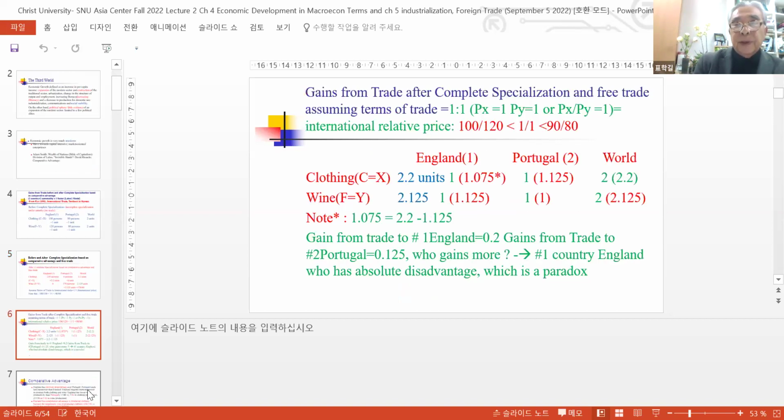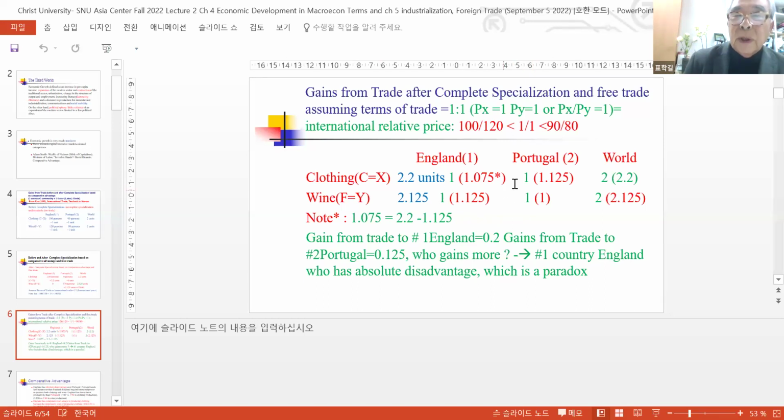So, for example, this is the assumption: previously, in the green letters, England has 1 unit of clothing, 1 unit of wine, and Portugal has 1 unit, 1 unit. This 2 by 2 matrix in green letters is under autarky, no trade, no comparative advantage based trade.